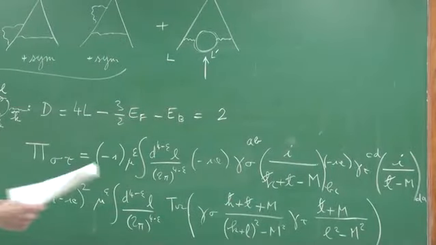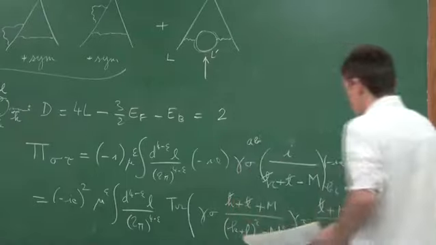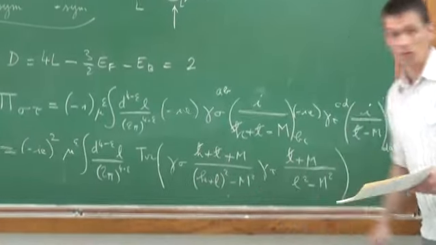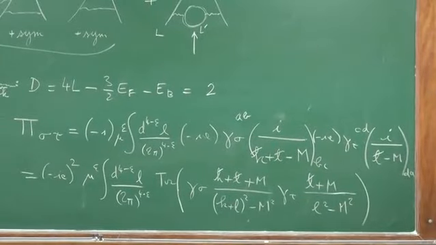So the Feynman parameterization is even simpler in this case because you have only two things.